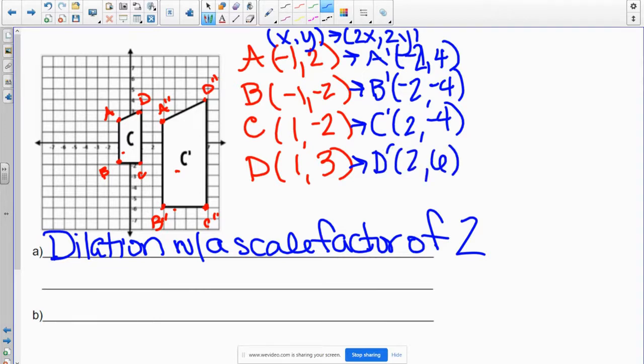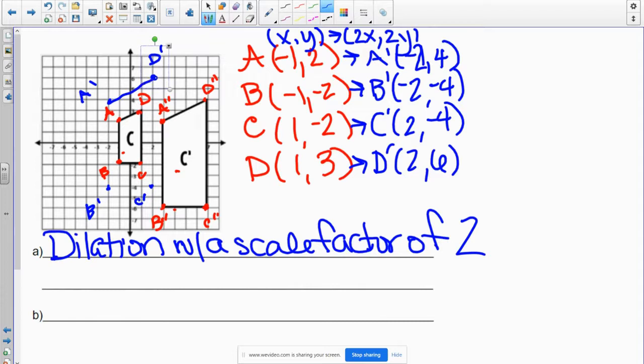So I'm going to go plot those so I can kind of see where I'm at here. So I have D at 2 and 6. That's D prime. C's at 2, -4. B's at -2, -4. So here's B prime. And A is at -2, 4, right up here.